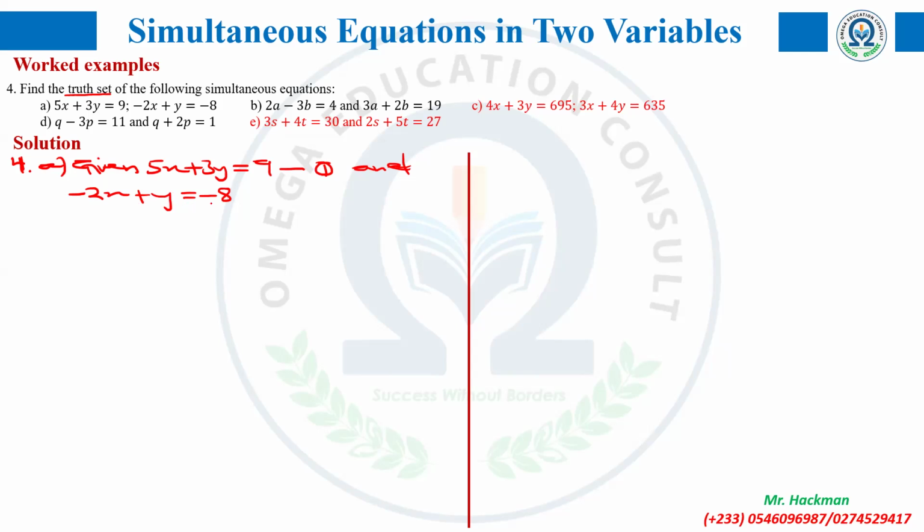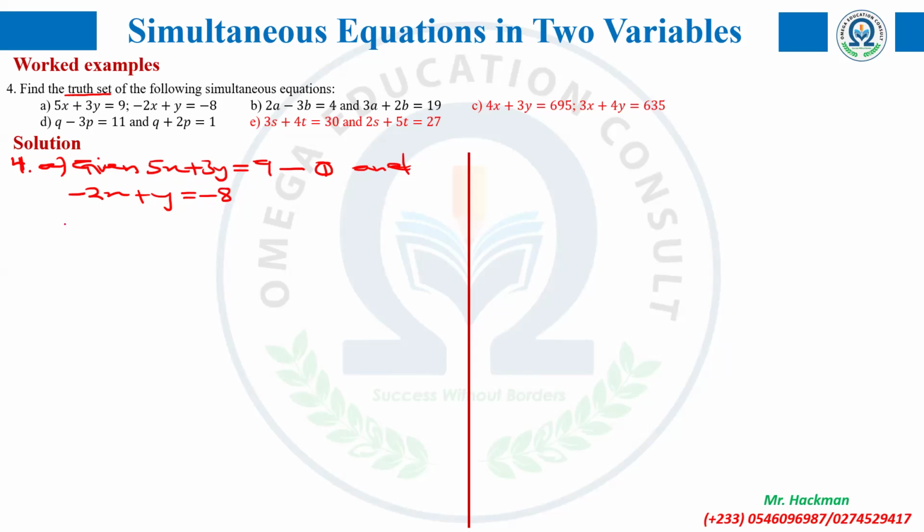However, I'm not going to go the elimination route. So what I will do is, before I label this equation, I want to make y the subject, because with elimination I have to multiply at least one of the equations by a constant. For the substitution, I can make y the subject here without involving a fraction.